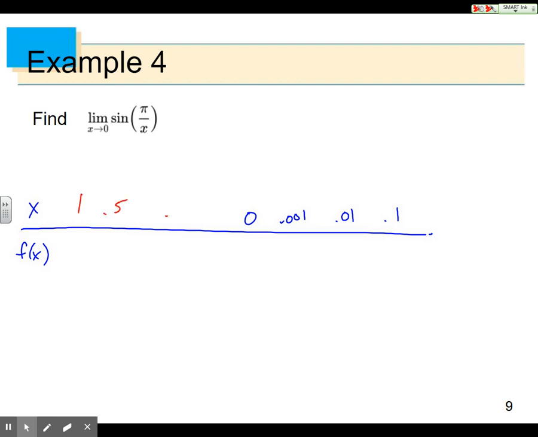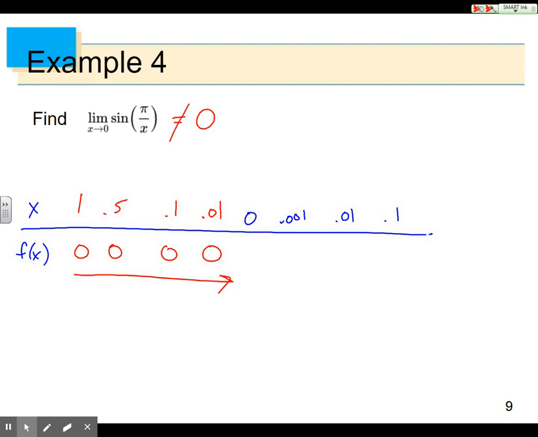I'm just going off what's on my notes so I can have the answers right there. We might do this in class a little bit differently. We'll probably just use those values that we had up there. But if I plug in any of these values, I see that they're all going to be 0. So it really looks like as I get closer to plugging in 0 for X, it would be 0. But it's actually not.